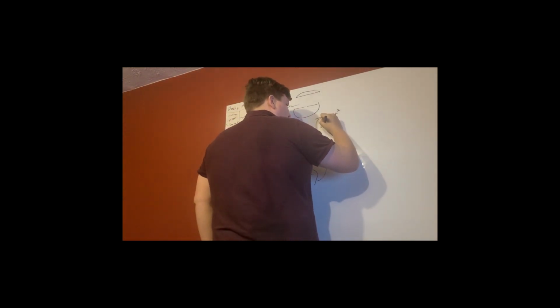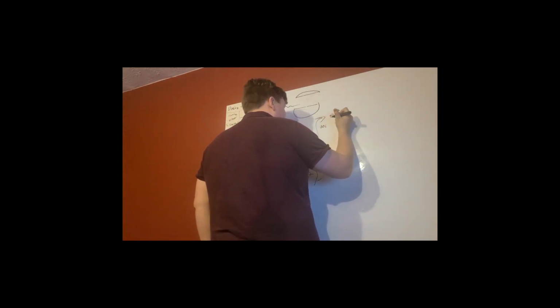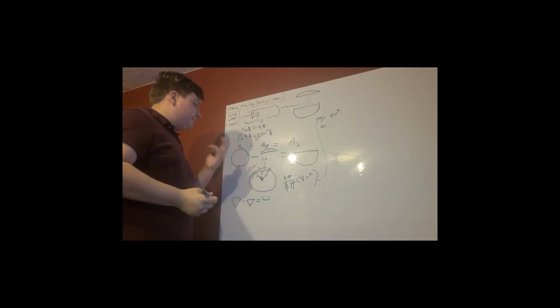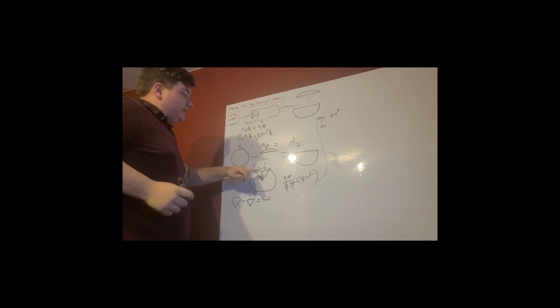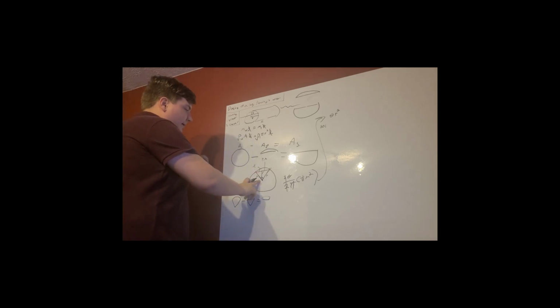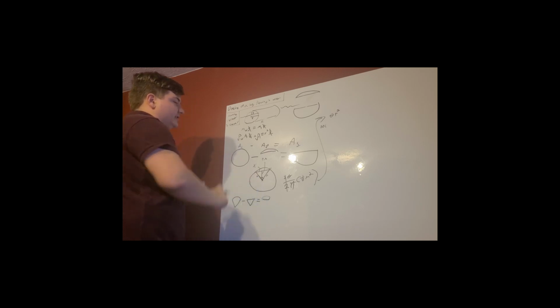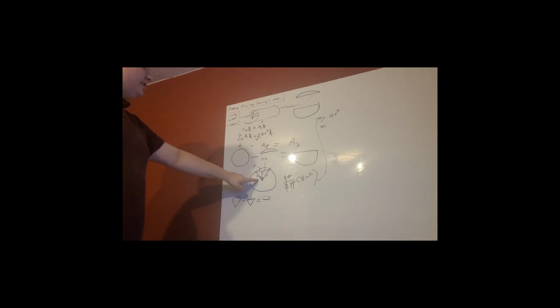We just take the arc cosine, I believe, because the adjacent is known and the hypotenuse is known, because the adjacent is r minus h and the hypotenuse is r.